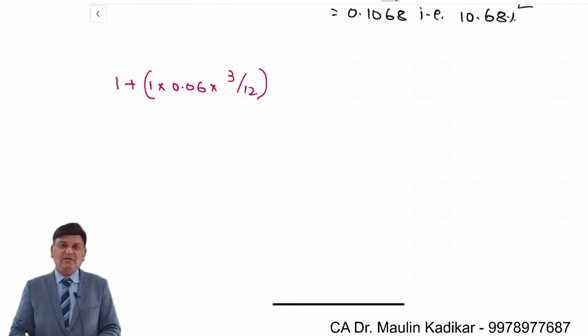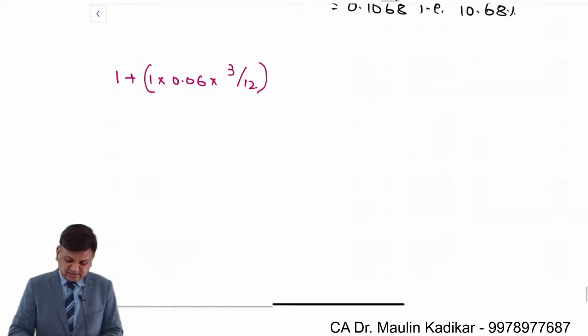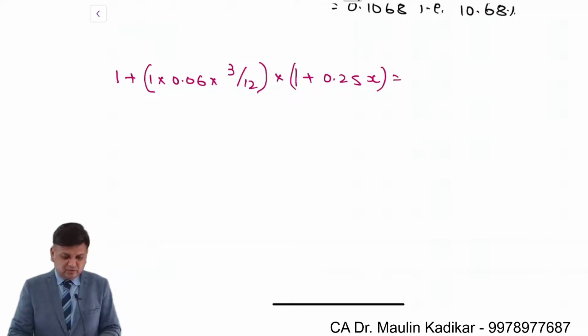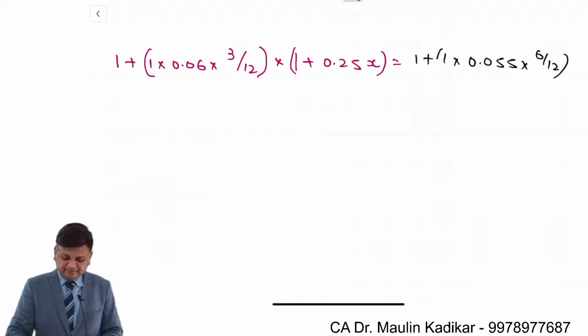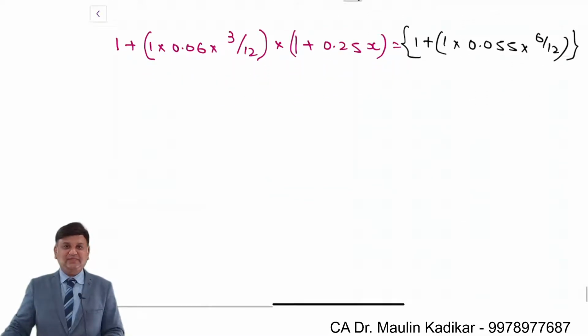So for every $1, after 3 months it is like this, into 1 plus 0.25 into x, once again, is equal to, on the opposite side it is 6 months. So 1 plus 1 into 0.055 into 6 divided by 12. This is the way x will be found as the balancing figure.